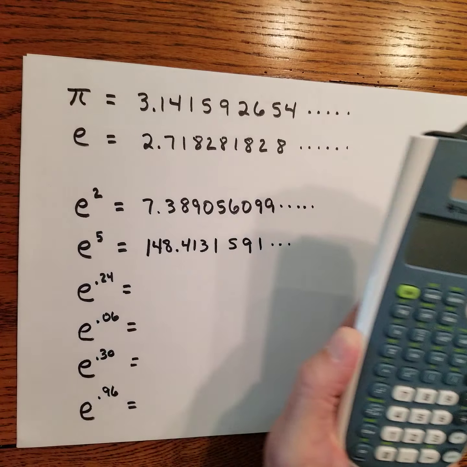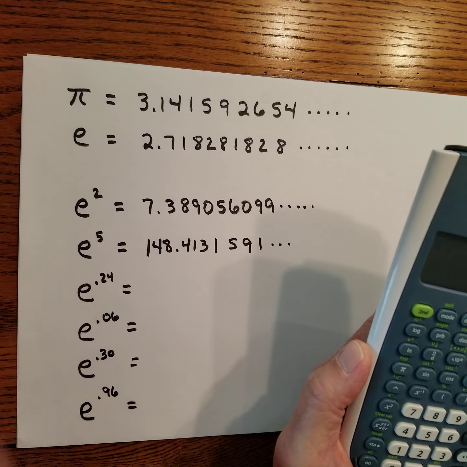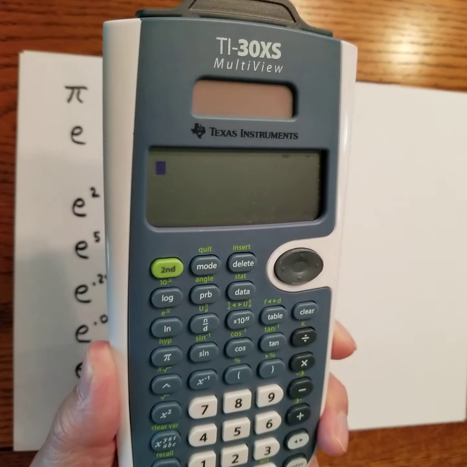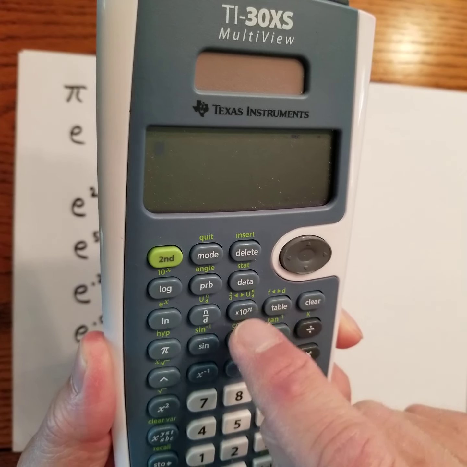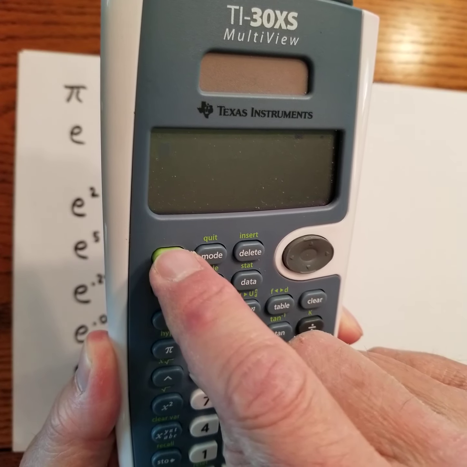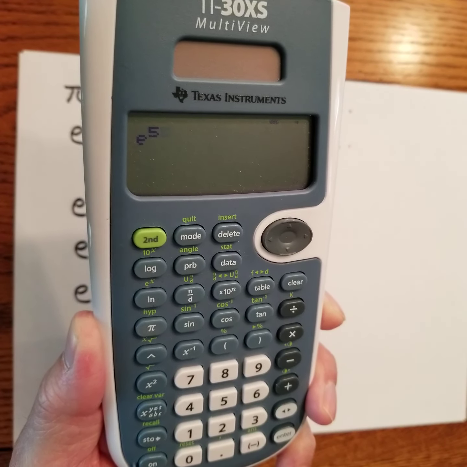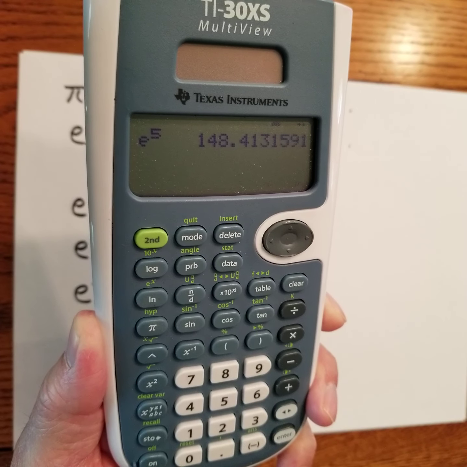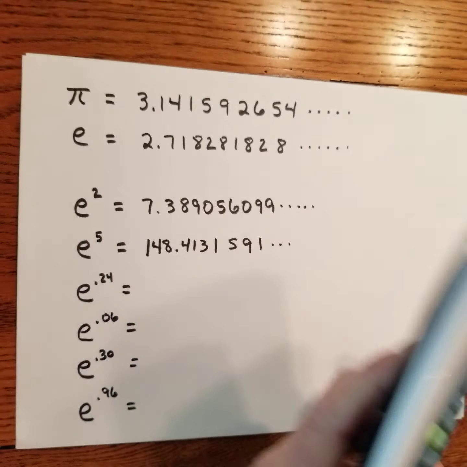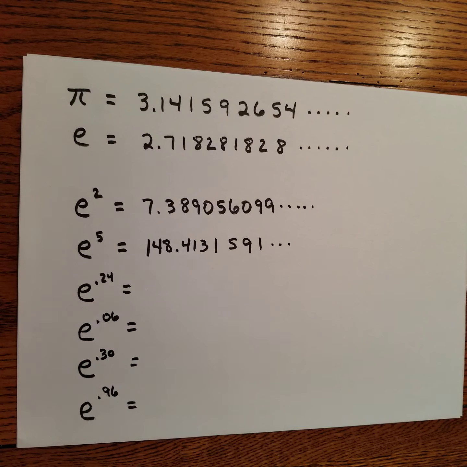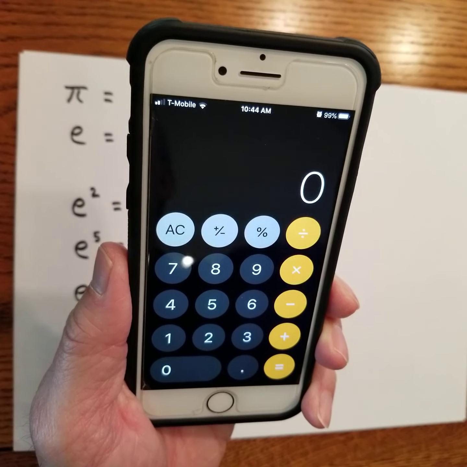Instead of typing in 5 and then e to the x, on this calculator, we'll type in e to the x. That's second, e to the x, and then the 5. Enter. There's the 148.4, same as we got here.